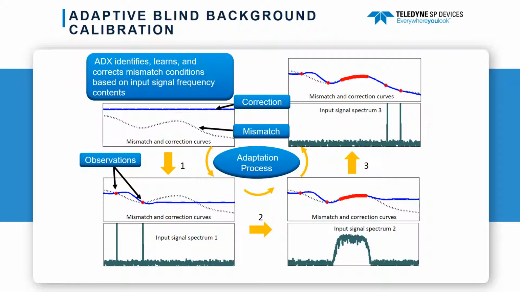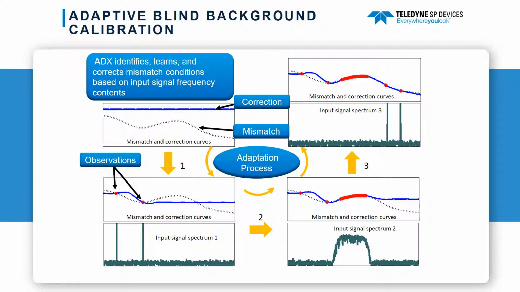The blue curve illustrates the mismatch model, which in this example initially is set to a straight line. The actual mismatch is illustrated by the dotted line. In the presence of an input signal, observations are made of the mismatches for input signal frequencies of sufficient energy content.